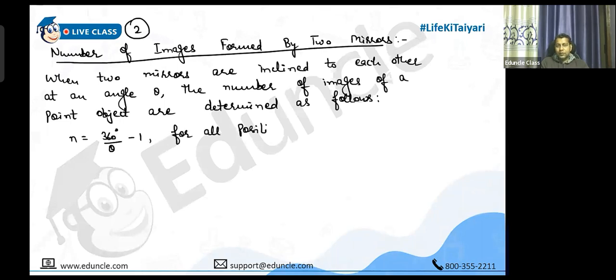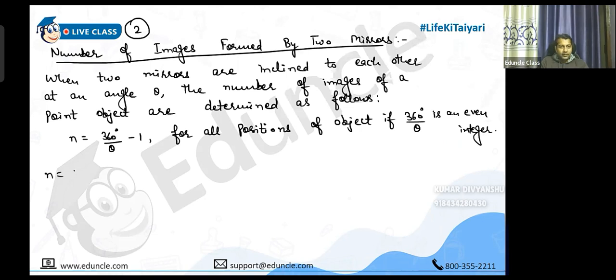For all positions of the object, that means the object can be anywhere, if 360 by theta is an even integer, the number of images is equal to 360 by theta minus 1, even if the object is on the bisector of the mirrors.